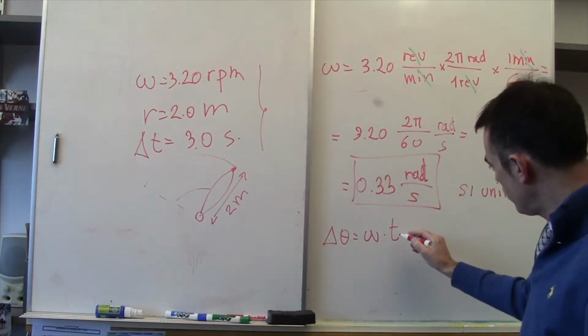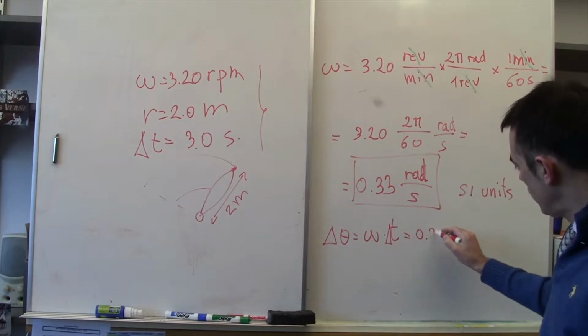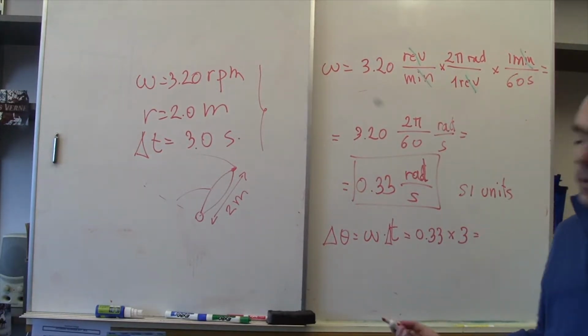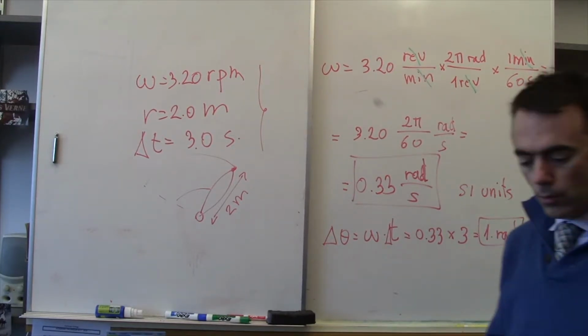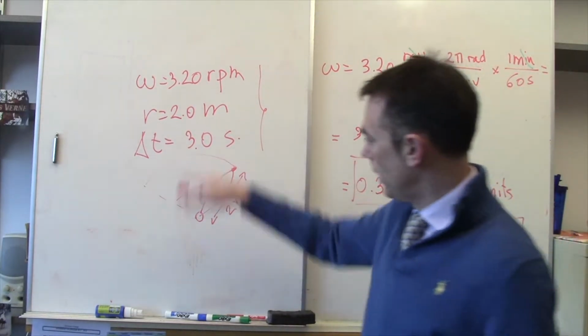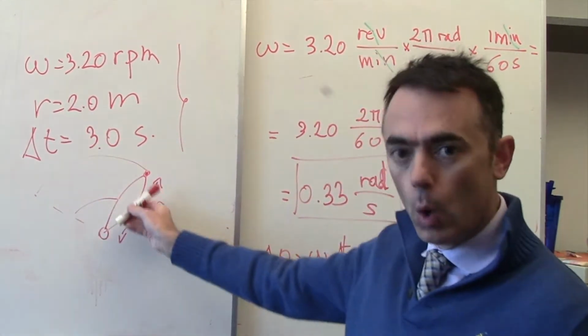So it's just 0.33 times 3 seconds, and this is about 1 radian, the angular displacement of the tip of the blade. That is 1 radian, which is the angular distance traveled by the whole blade.